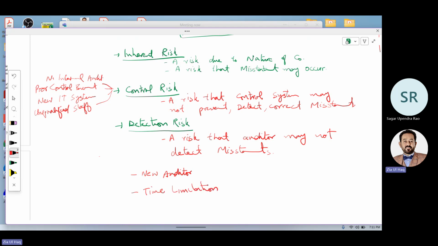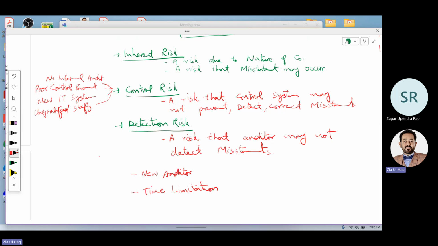Like client management has said to the auditor, you have to complete the audit within 2 months. Within 2 months, he might not be able to perform detailed procedures on every account balance. So due to this time limitation, he may not be able to detect a misstatement. This will be called detection risk.